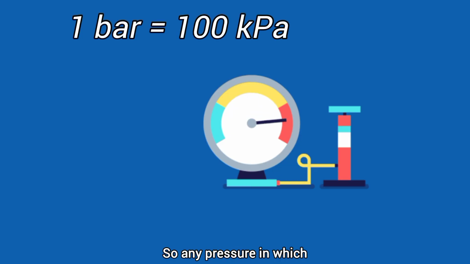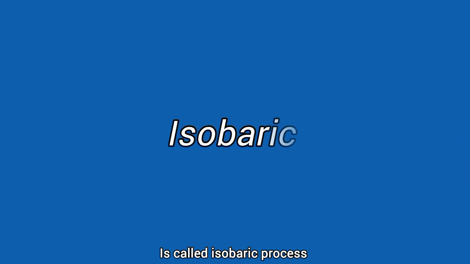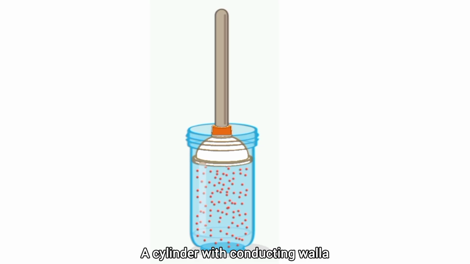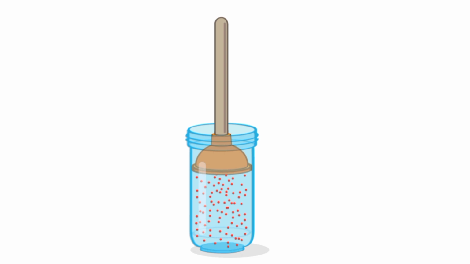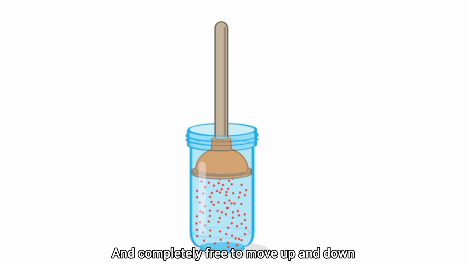The next one is isobaric. Bar is a unit of pressure, so any process in which pressure remains constant is known as an isobaric process. For example, let's take a cylinder which has conducting walls and a piston fitted inside it. This piston has no resistance and is completely free to move up and down.